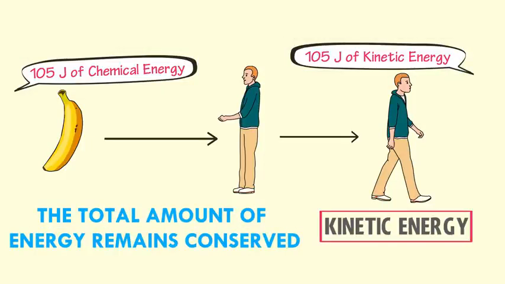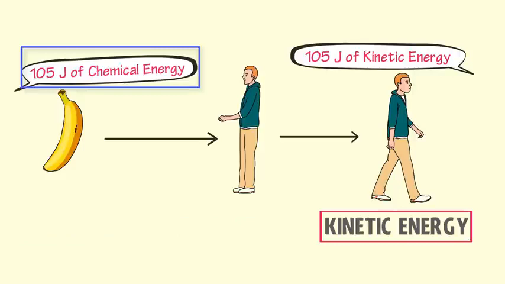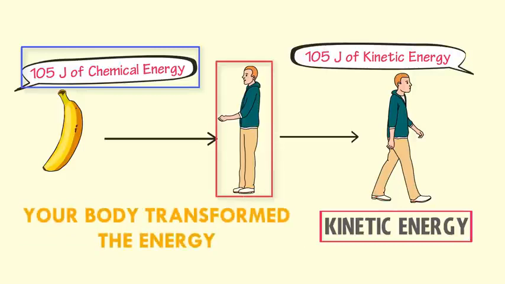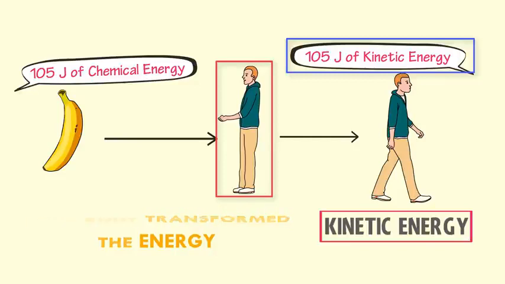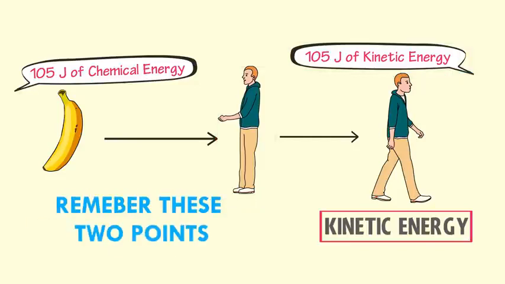I mean, initially there was 105 joule of chemical energy in the banana, while here, your body perfectly transferred this 105 joule of chemical energy into 105 joule of kinetic energy without any wastage. Thus, remember these important points about the law of conservation of energy.